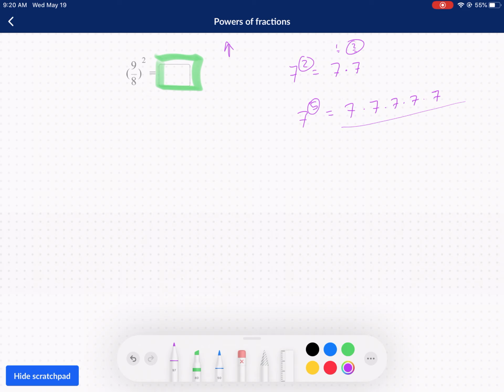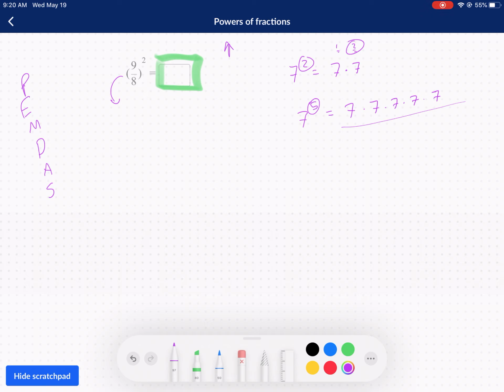Now, one of the properties of powers is that if we have division, we could either divide this first and then raise it to a power, because you're taught parentheses before exponents, PEMDAS: parentheses, exponents, multiplication, division, addition, subtraction.